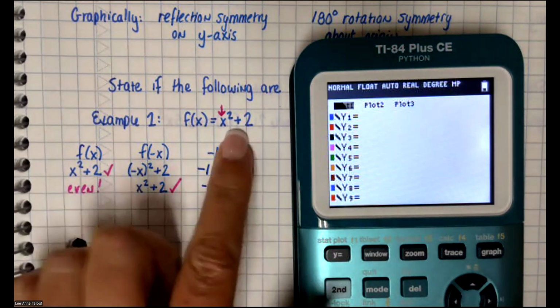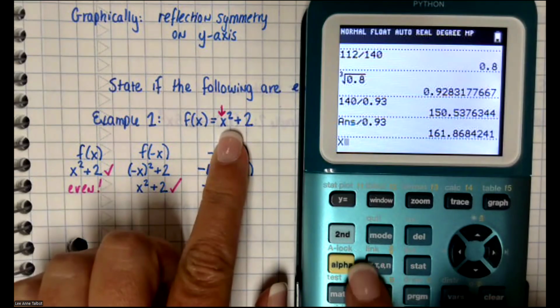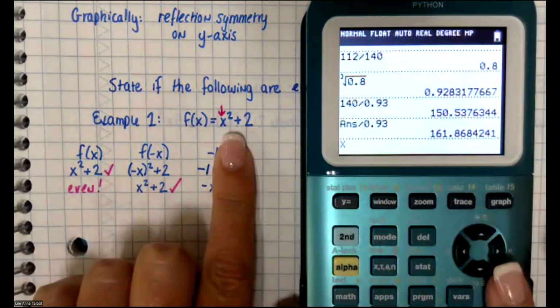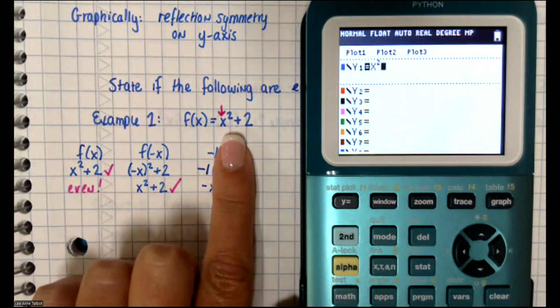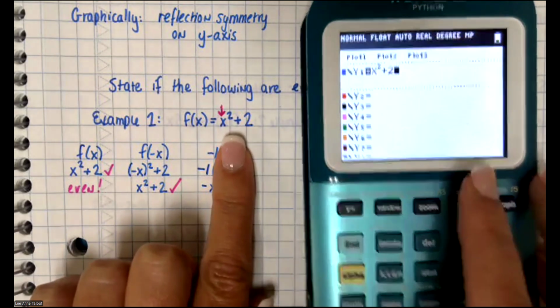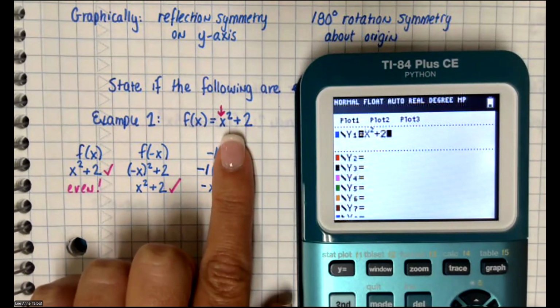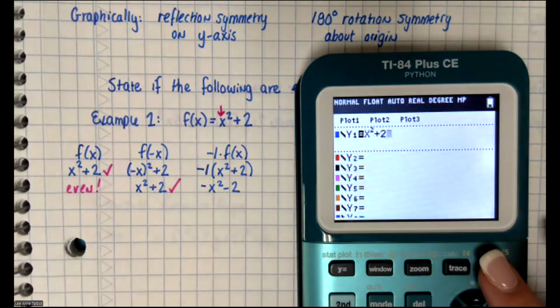Okay, so now you're going to put X, which is right next to the alpha button. It says X T theta N. Oh wait, I just have to be in the Y equals X squared plus 2. Okay, and then hit graph and see what happens.